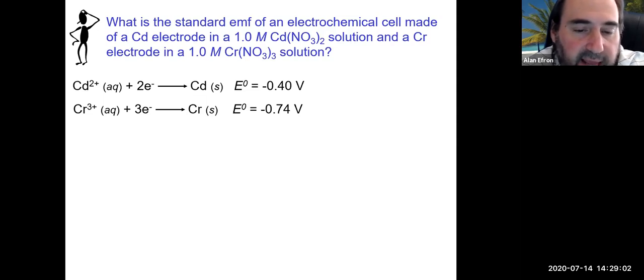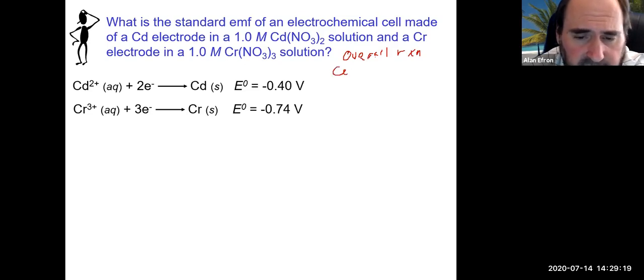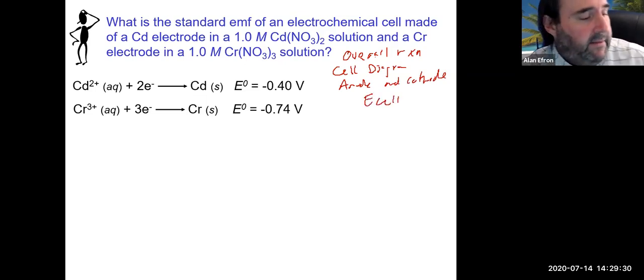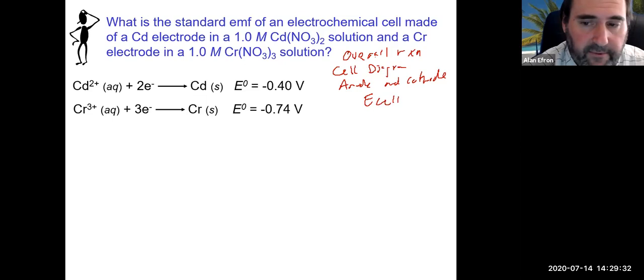Why don't you figure out the anode and the cathode? And while you're at it, why don't you write the cell diagram for it as well, just to make sure. Obviously identify the anode and the cathode, and also do what it asked, which was E of the cell. All right, so why don't you take a minute or two and see what you come up with on that.